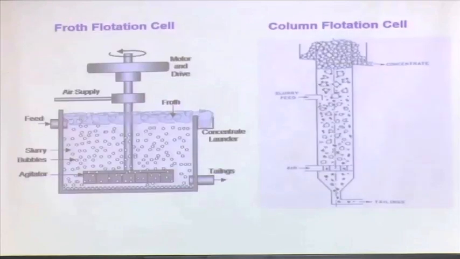I will show you this picture, because I have a cell, suppose, and now I pour my material in the form of slurry, that is a mixture of water and my particles, and there I stir the entire thing so that my particles are in suspension, otherwise they will settle. Okay.